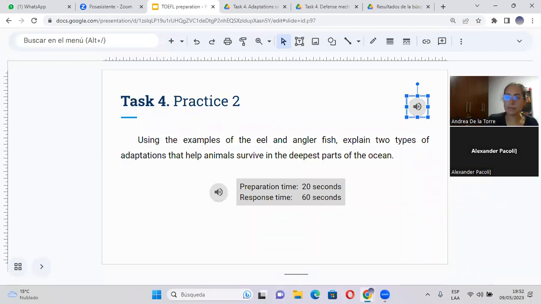Now the question says, using the examples of the eel and anglerfish, explain two types of adaptations that help animals survive in the deepest parts of the ocean.